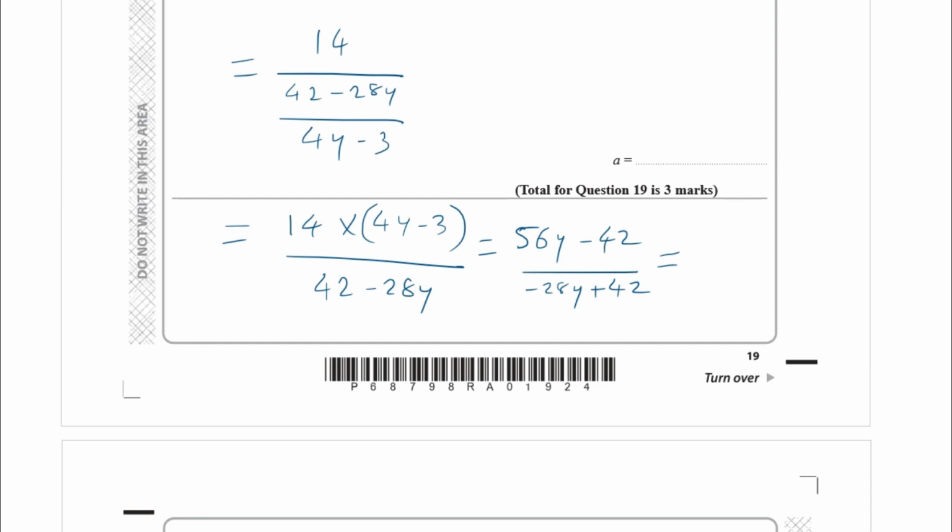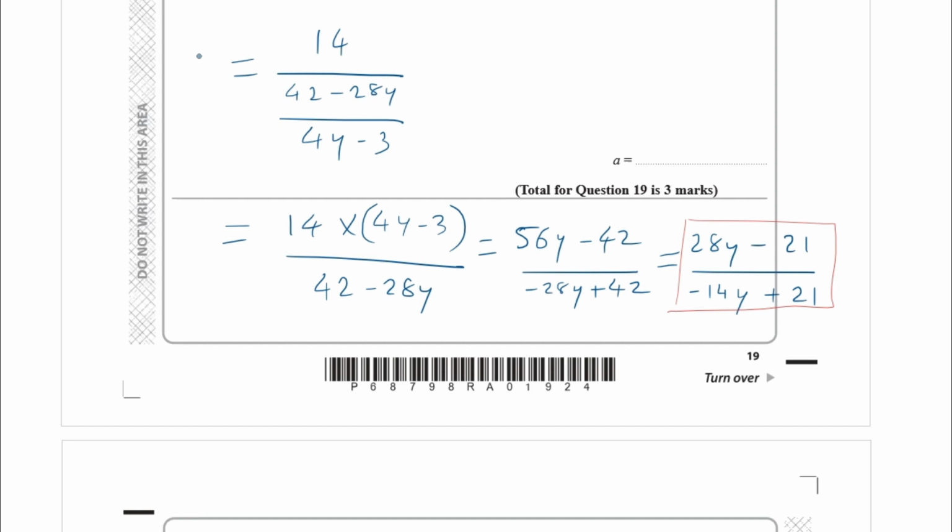So dividing 56 by 2, you get 28y, and 42 by 2, you get 21. And you see here, negative 28y divided by 2 is negative 14y, and 42 divided by 2 is 21. So for your final answer, which is what you're going to write in the A equals box, you can take this result and divide it by 7, as 28 is a multiple of 7, 21 is a multiple of 7, 14 is a multiple of 7, and 21 is a multiple of 7.